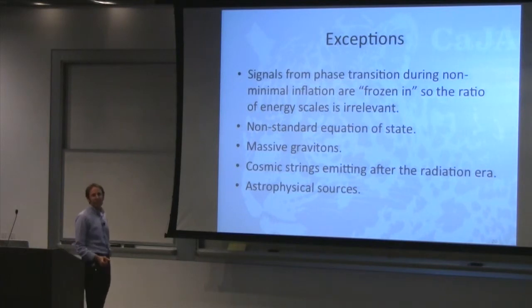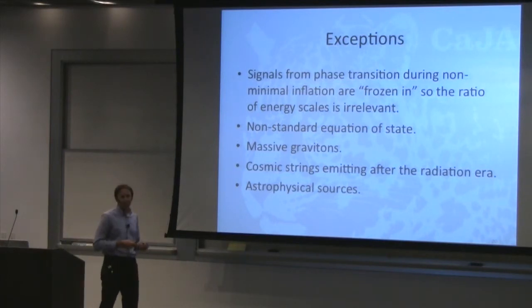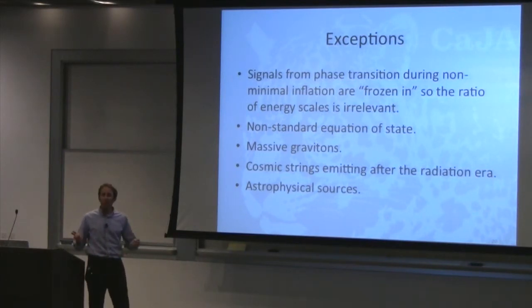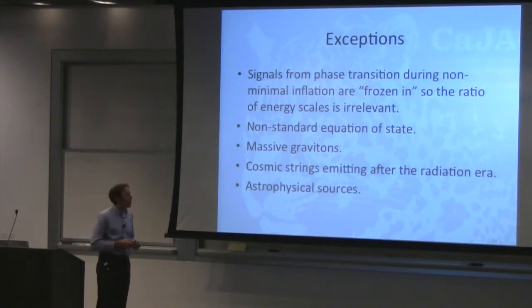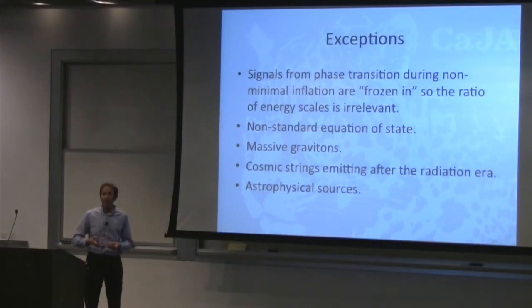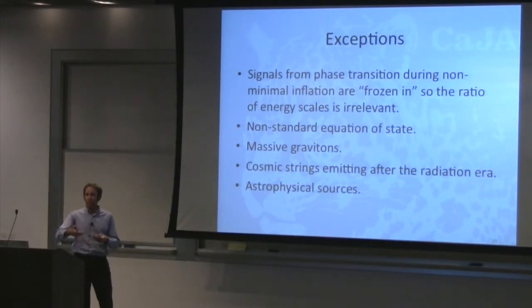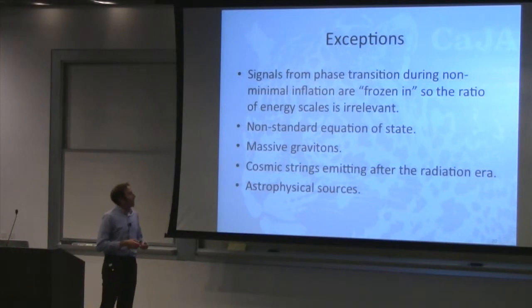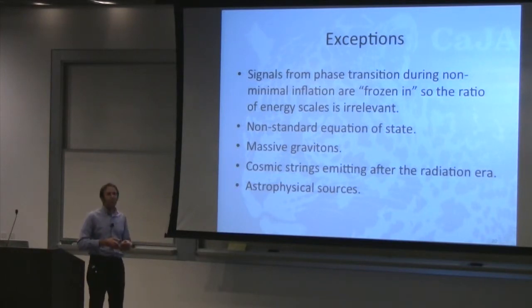There are some exceptions to this rule of thumb, and it's at any rate just a rule of thumb, not a hard upper limit. So in addition to that, signals that are frozen in during inflation, so things that happen during inflation as opposed to after inflation, can escape the rule of thumb because the energy scale argument that we make essentially doesn't apply.